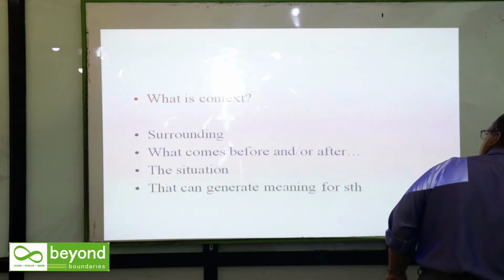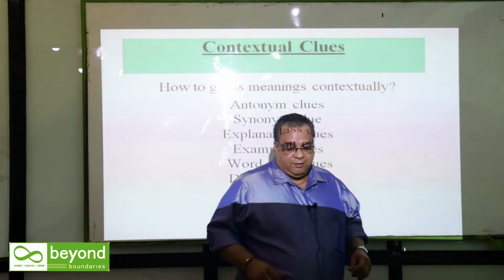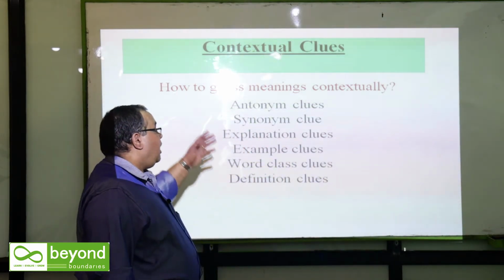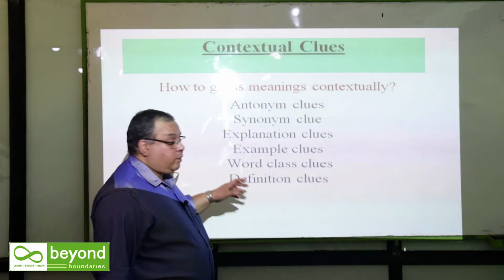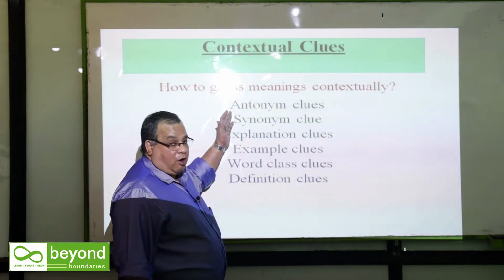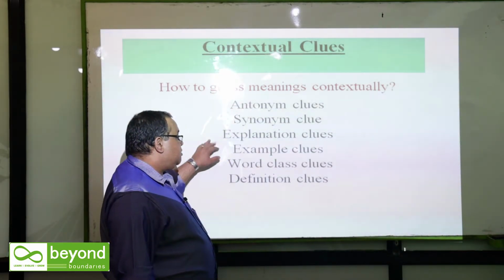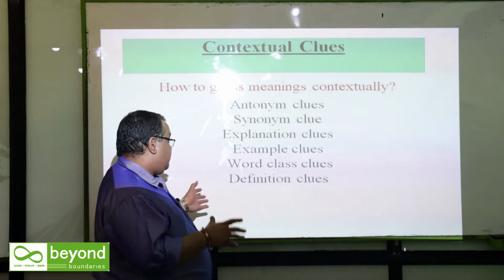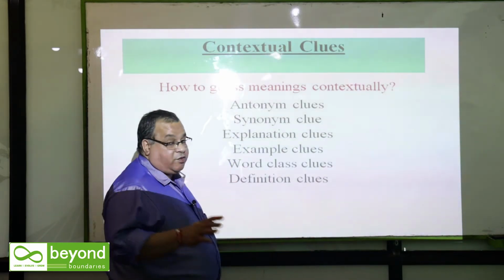So, how and what tools do we have? How is again the key word here. What tools do we have to understand or get the right word meaning for our SAT questions? We have antonym clues or opposite clues, synonym or similar meaning clues. We have explanation clues where the word itself is explained without you even knowing that it's explained. We have examples given which will help you understand the right option of the four options.